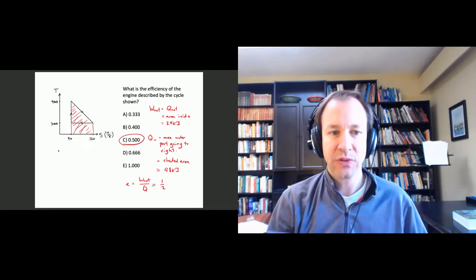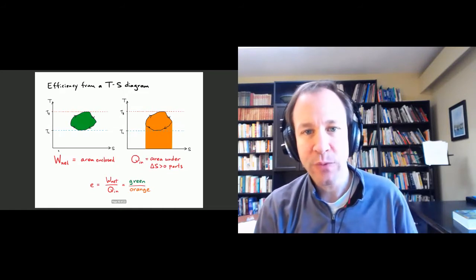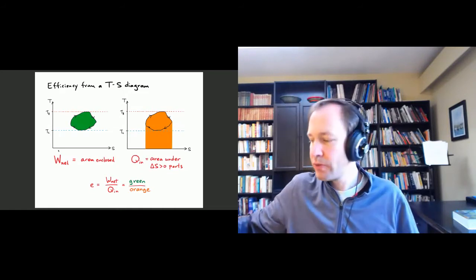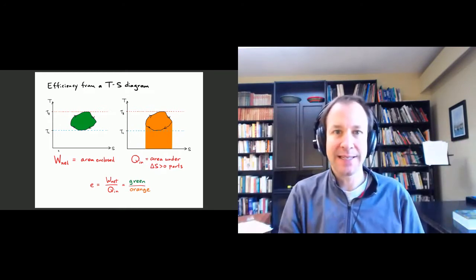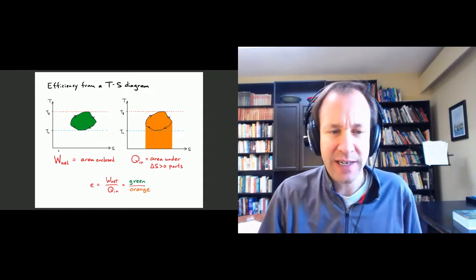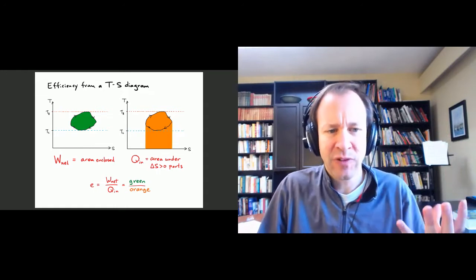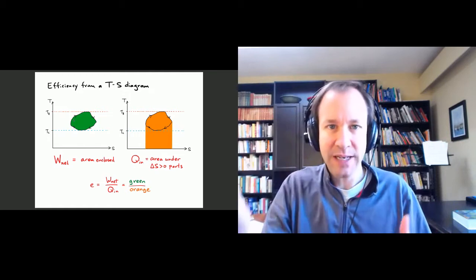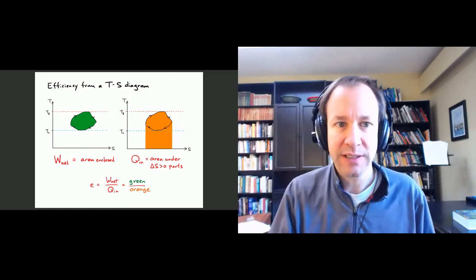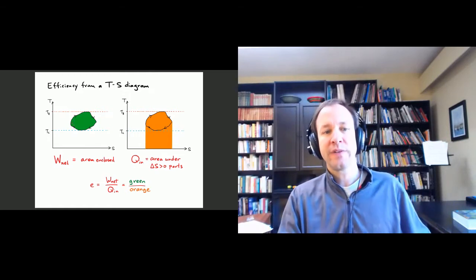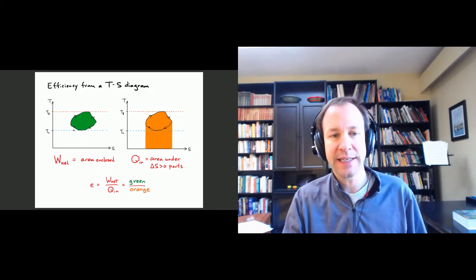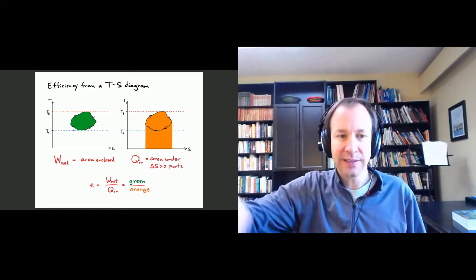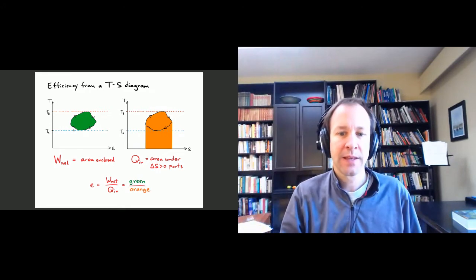Okay, so that was very easy, and we can generalize it to the following observation that applies to absolutely any cycle we might draw, even this very complicated cycle that isn't a combination of the simple processes we usually talk about. The net work is always just the area enclosed in the cycle on the TS diagram.